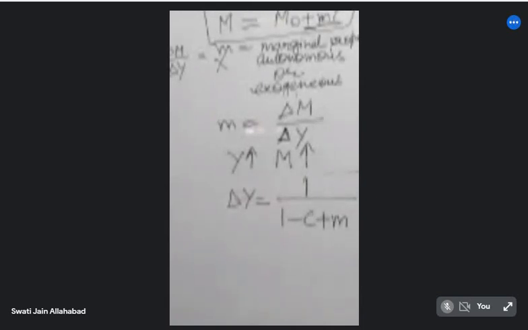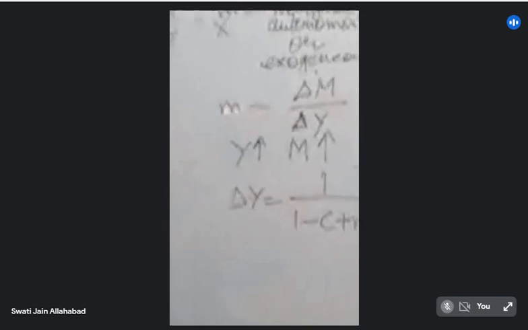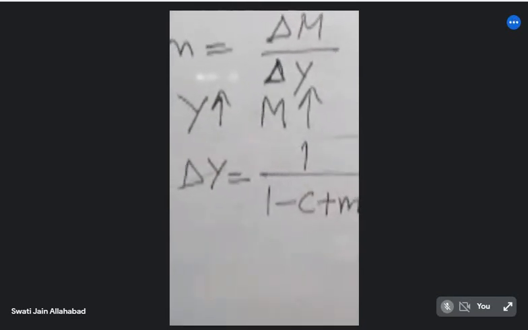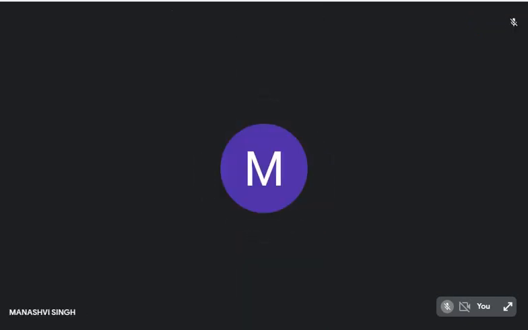Delta Y is equal to 1 upon 1 minus C plus M, multiplied by delta X. You are going with the same formula as we are doing every time. Is it visible now? Yes, ma'am.